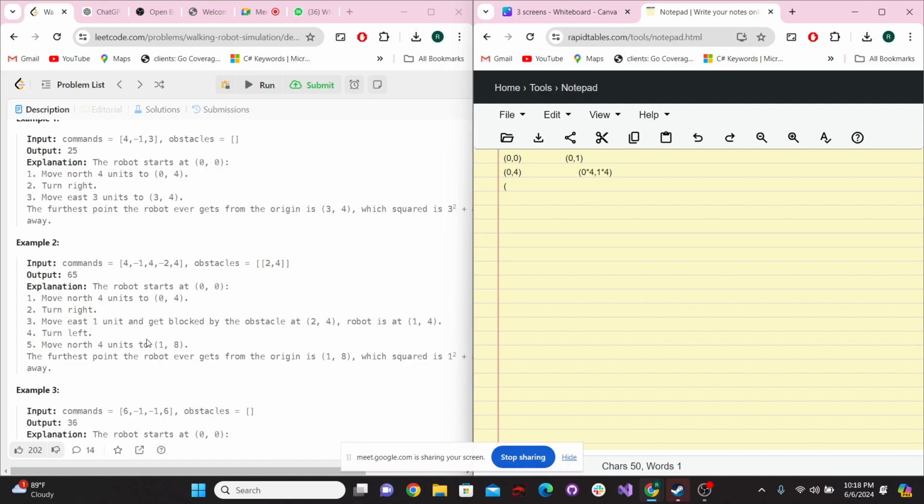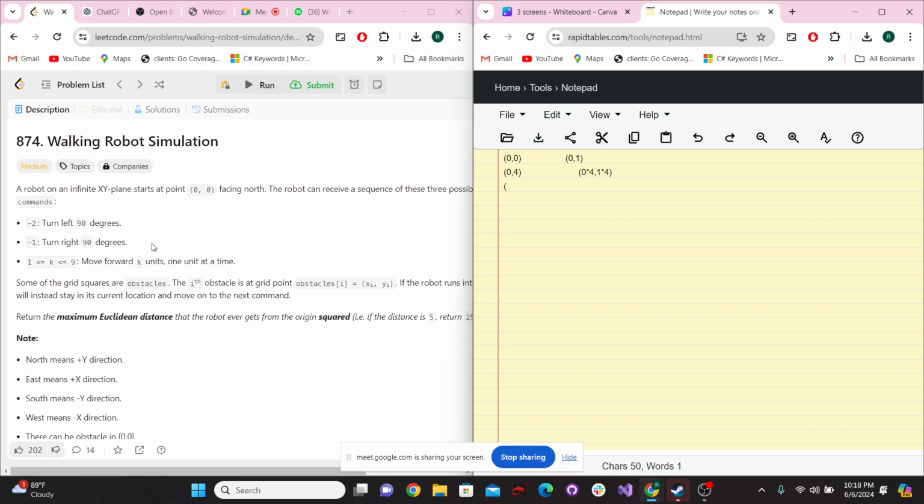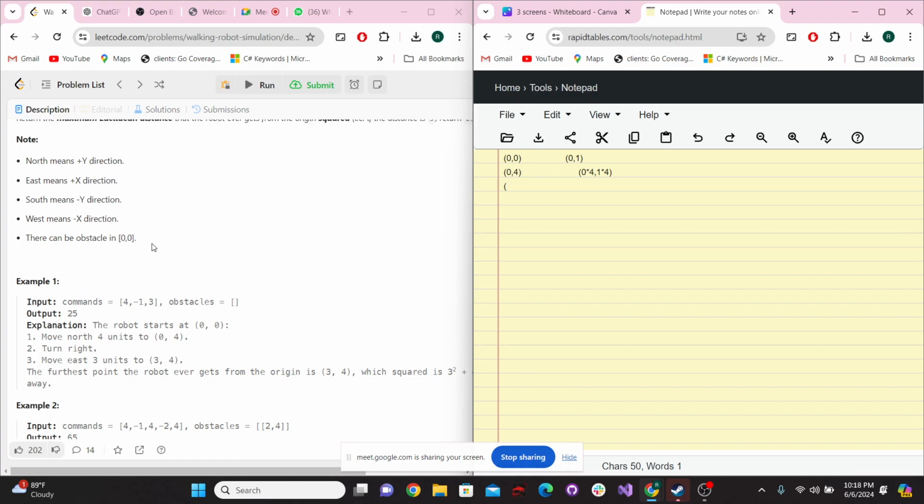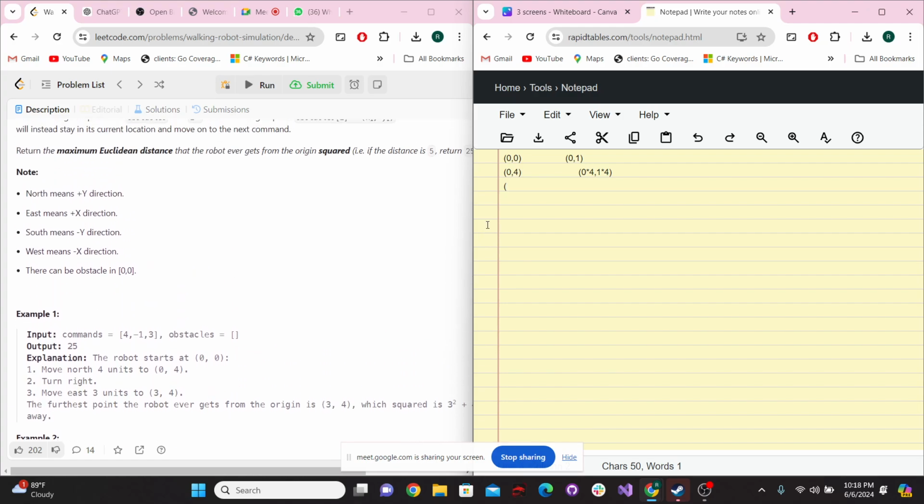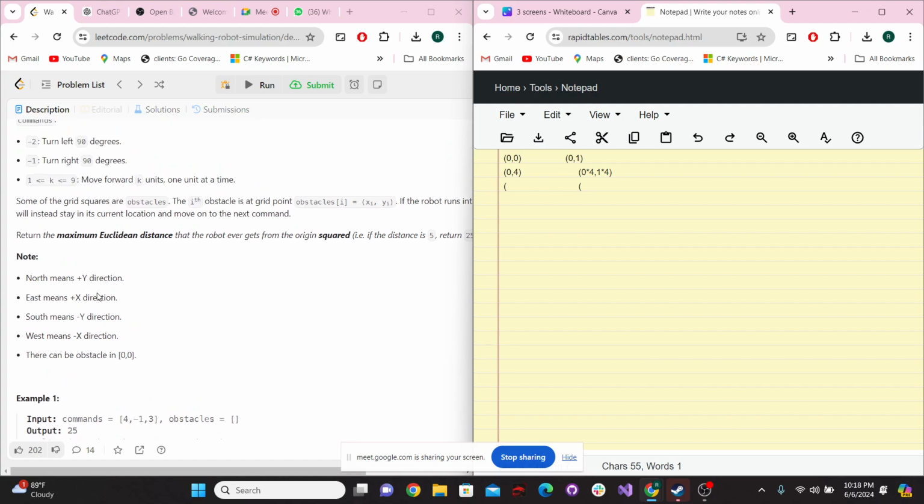And then there's -1. Minus 1 says turn right. So what's right? If it's currently north and it's turning right, then say it was 0 1 and it turns right. You should have a pen and paper for this.